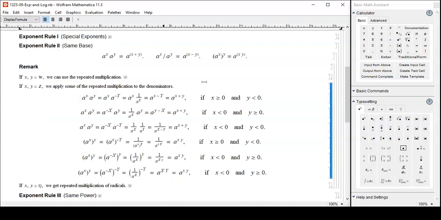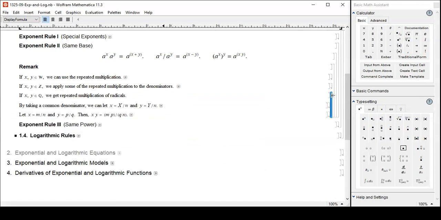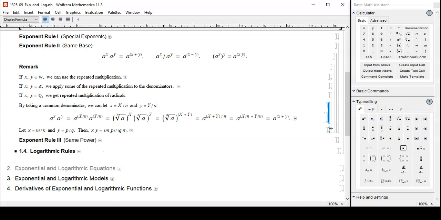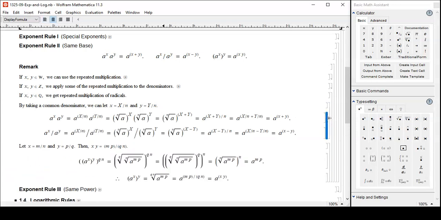When they're negative integers, you simply take reciprocals. And if they are rational numbers, those are tricky. You can actually prove these things like this, but I don't know how many of you are interested in these kinds of proofs.